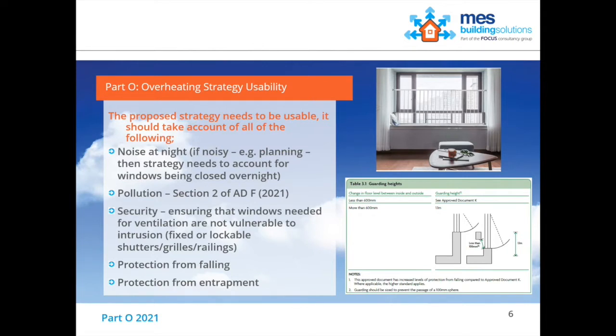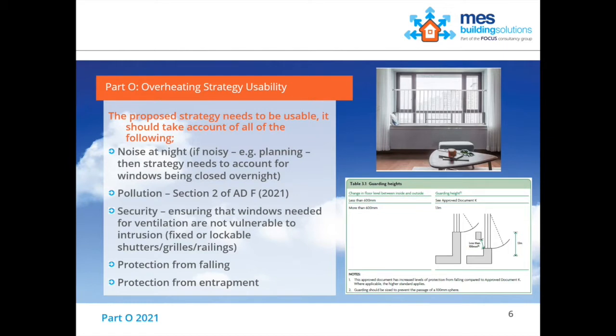Some of the main ones are noise. So, for example, if environmental health at planning stage have raised concerns about noise, whether that's from neighbouring roads, buildings, whatever it is, or there have been conditions placed on opening windows from a noise perspective, then we have to take account of that.